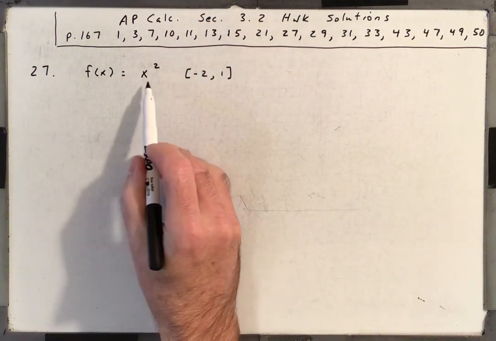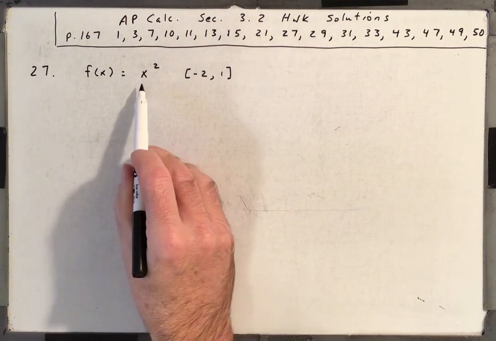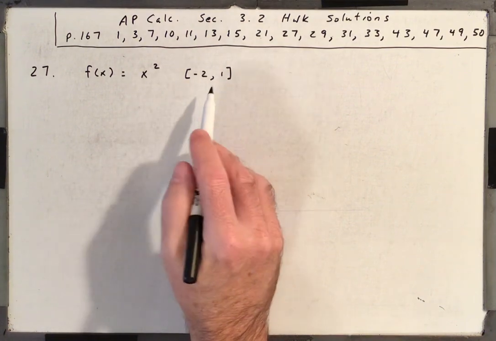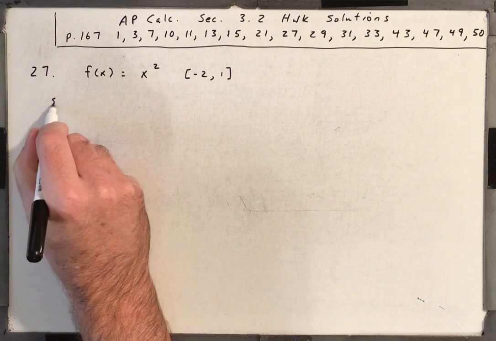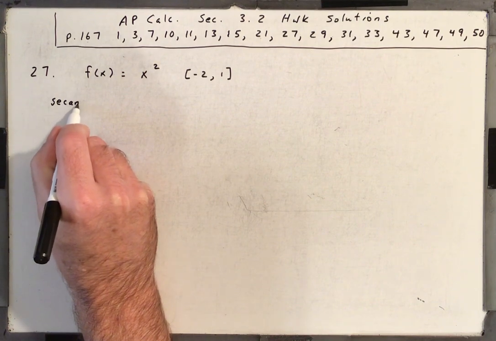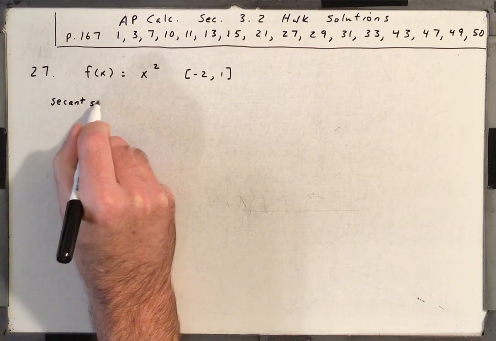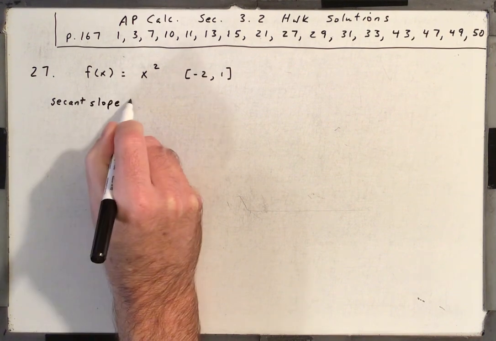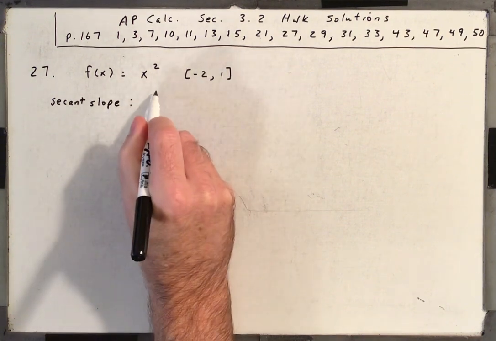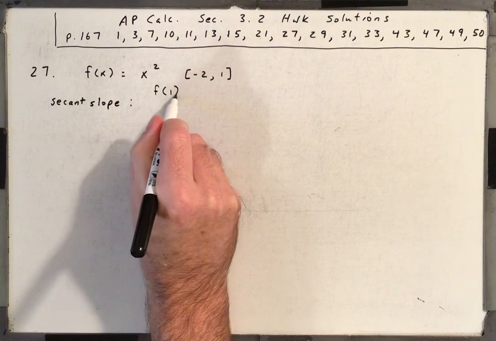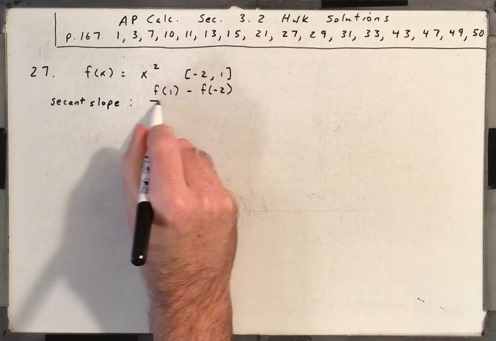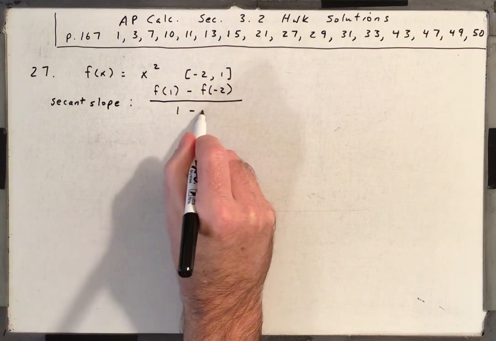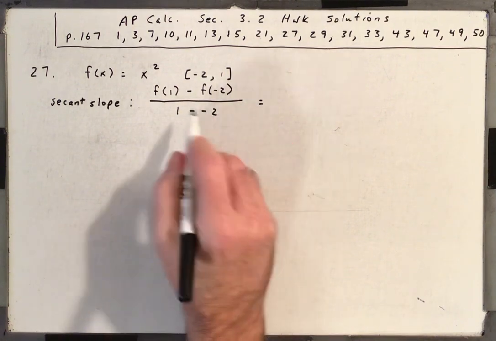Okay, so that's just a parabola, so it is differentiable on this interval. So we want to get the slope. So that's going to be f of 1 minus f of negative 2 over 1 minus negative 2.